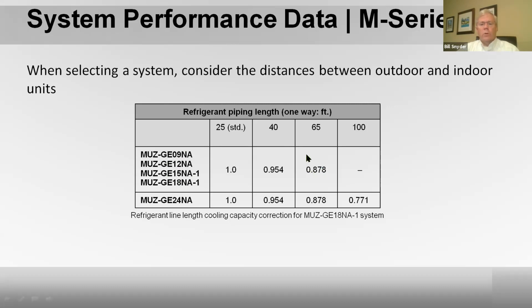But if you go 65 feet, then you have to take that times 0.878 to determine a correction capacity of the equipment, because it will be a diminished capacity because you have some line loss.